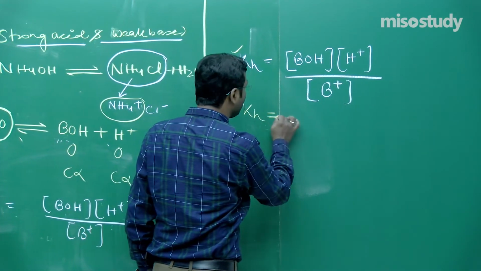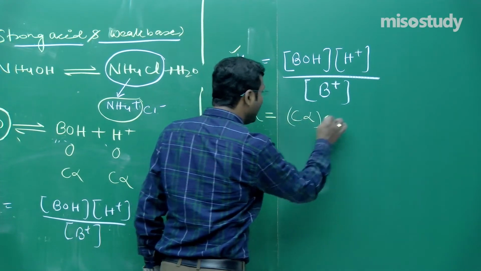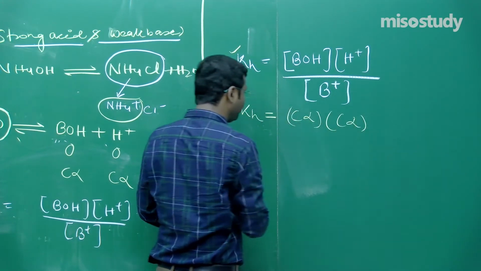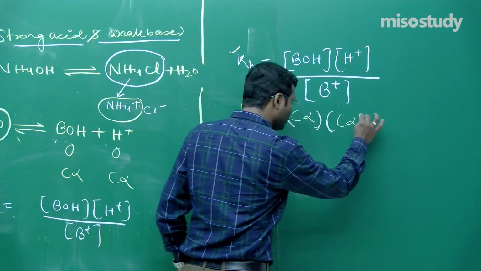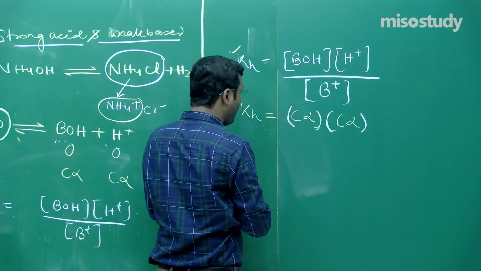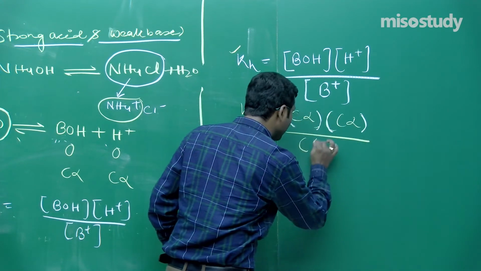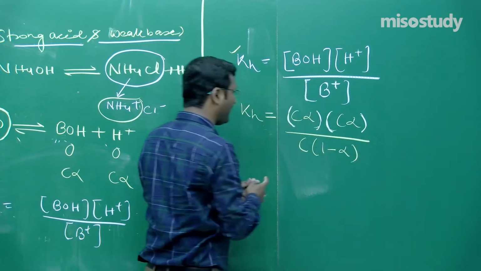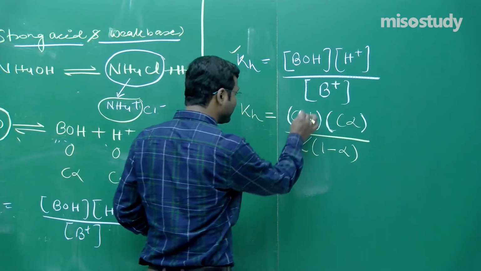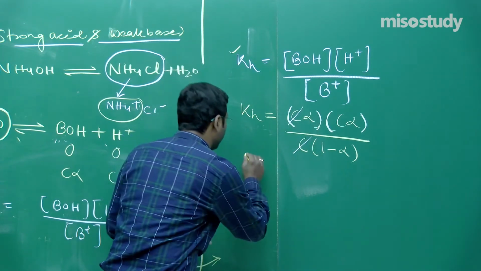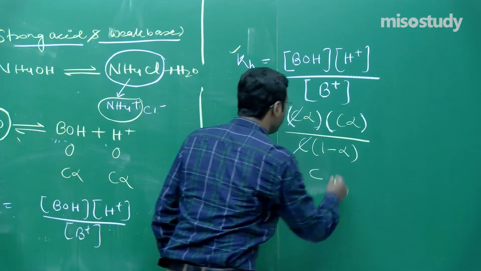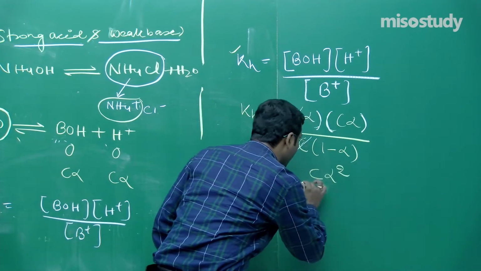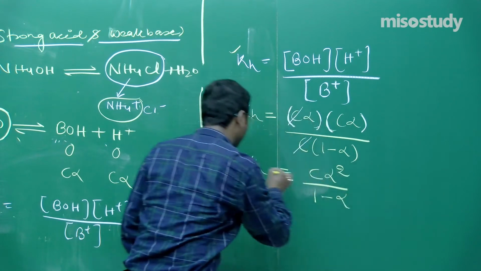KH will be equal to C alpha into C alpha upon B plus, that is C into 1 minus alpha. Now this will cancel this one. So the expression is KH is equal to C alpha square upon 1 minus alpha.